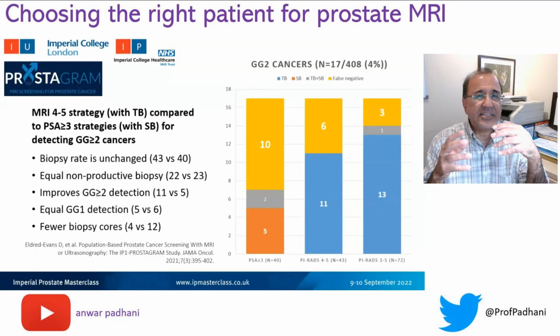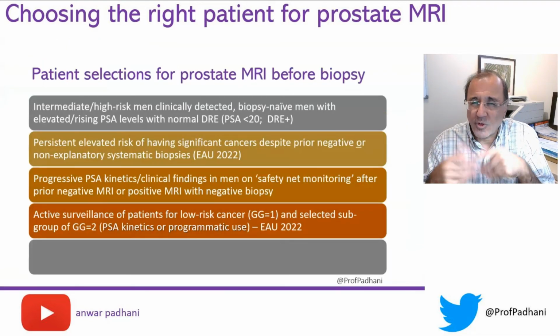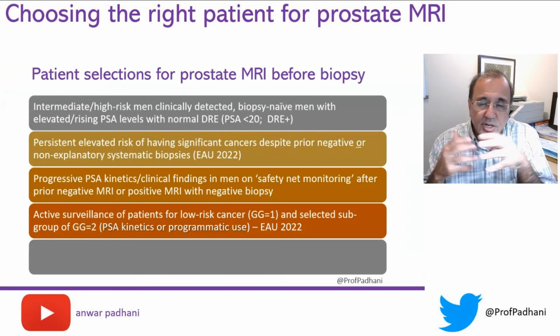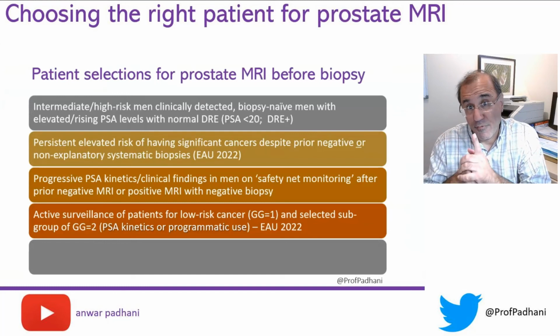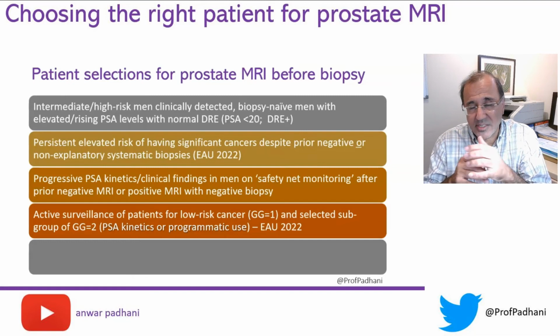So finally, let's answer the original question. The original question is, what sort of men should undergo a prostate MRI before a biopsy? So I think it's now clearer to us. It's men with intermediate and high risk likelihood of prostate cancer, biopsy naive, either on the basis of a raised PSA or an abnormal DRE.